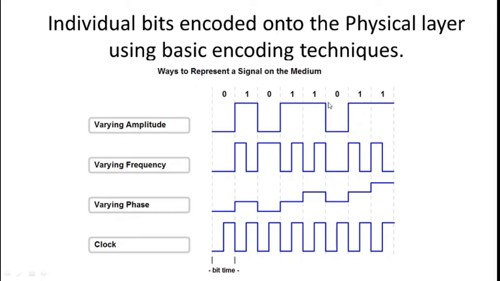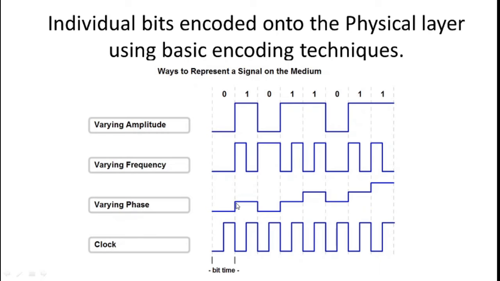This is by changing the amplitude. Then by changing the frequency: when it is 0 it remains the same, and when it is 1 it changes, and for 0 again it reverts, then 1.